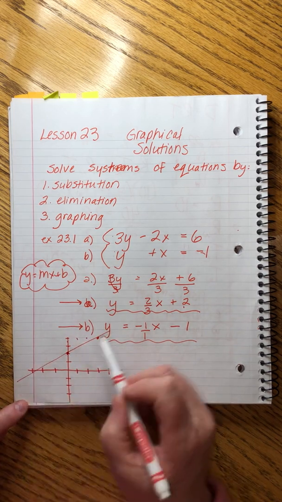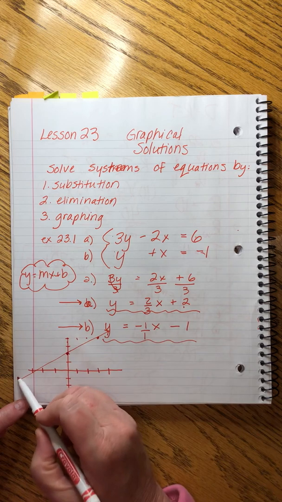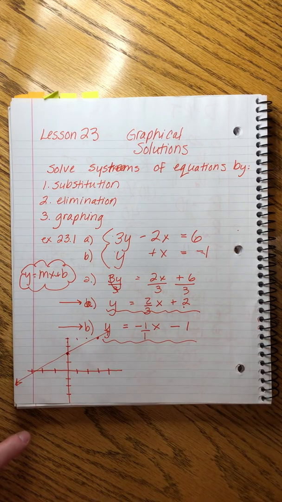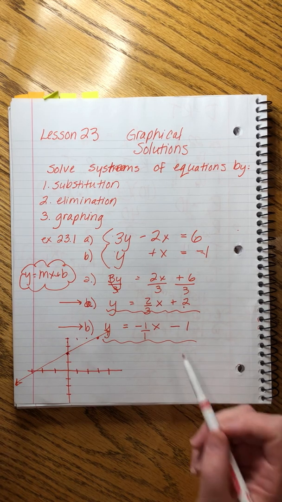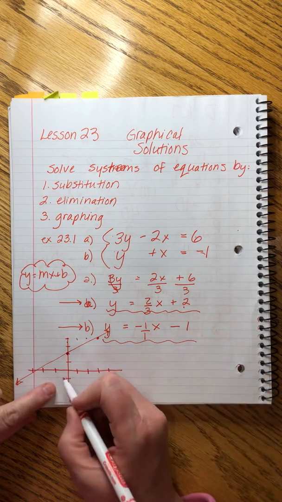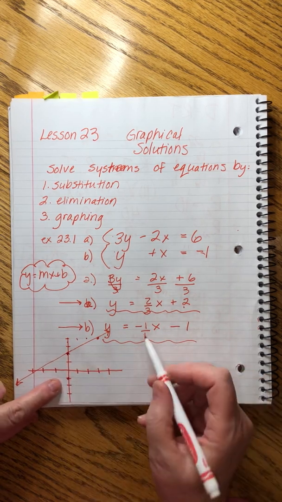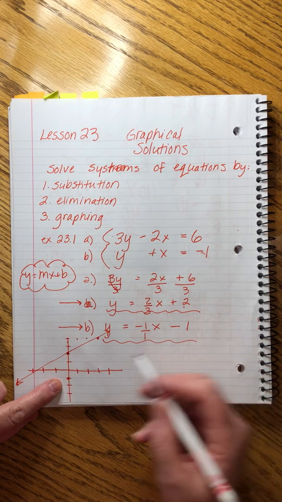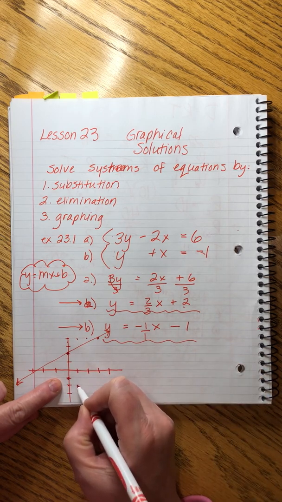Now, beautiful, right? There's A. I'll just stay in the same color, it's fine. Now we're going to plot our second line on the same graph. So this time we go to -1, that's our y-intercept, and then this tells us to go down 1, and the bottom is always to the right, so down 1 and over 1, okay?